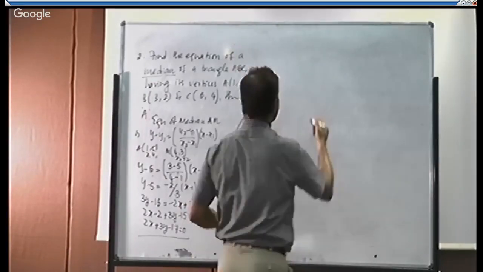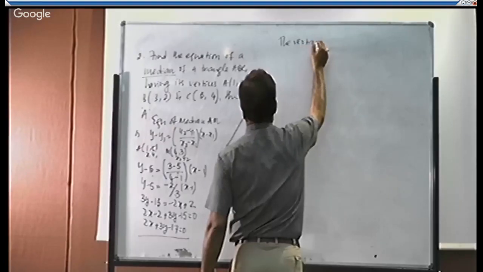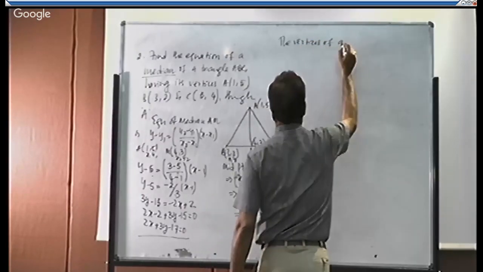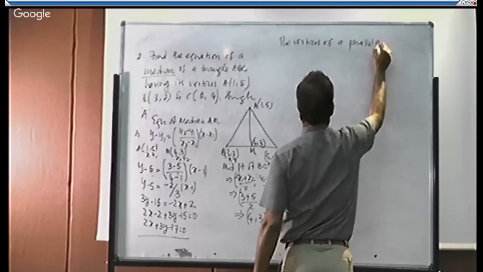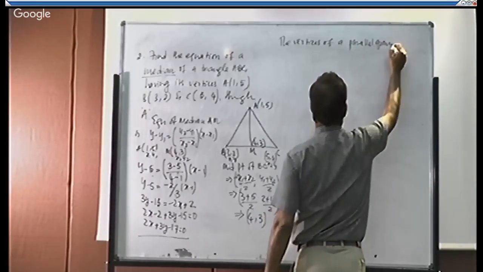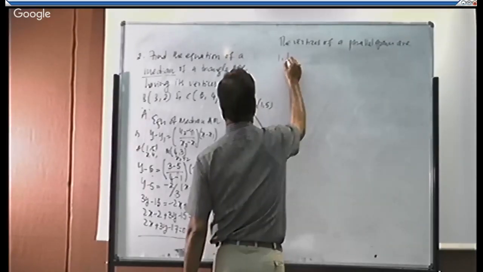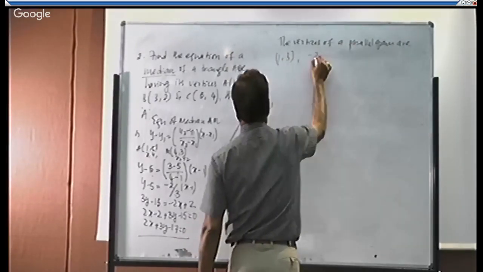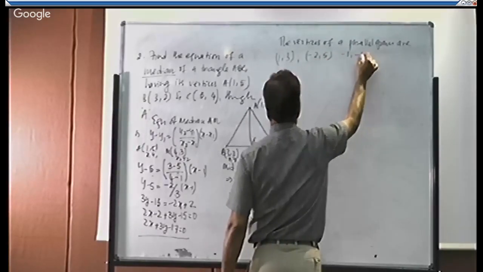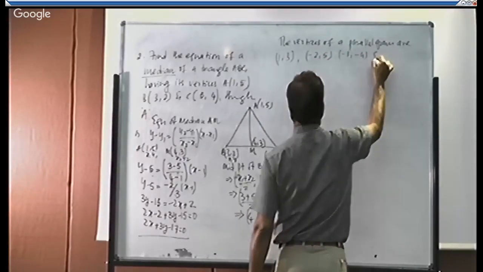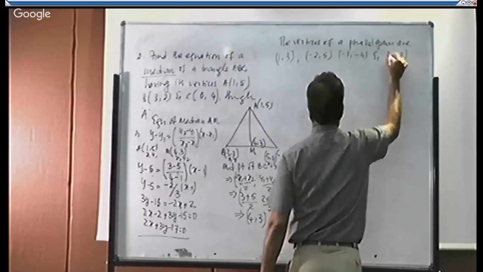Say like this. The vertices of a parallelogram are (1, 3), (minus 2, 5), (minus 1, minus 4) and (3, minus 2).